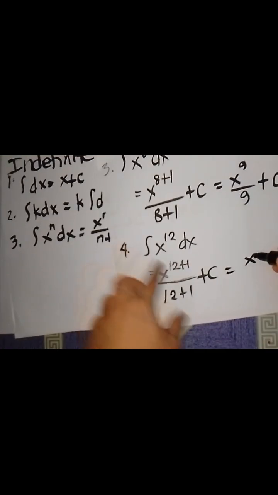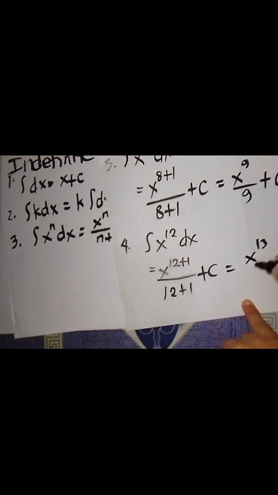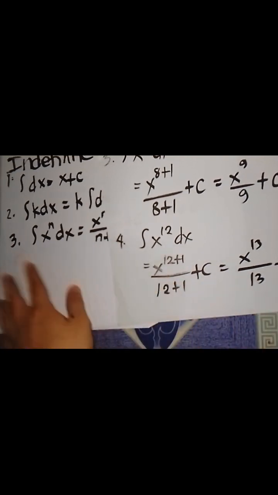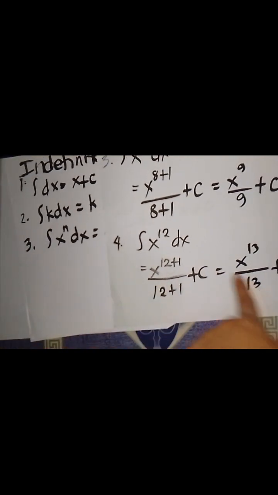We have x raised to 12 plus 1, so we have 13, all over 12 plus 1, we have 13, plus c. So this is the final answer or the result for this problem.